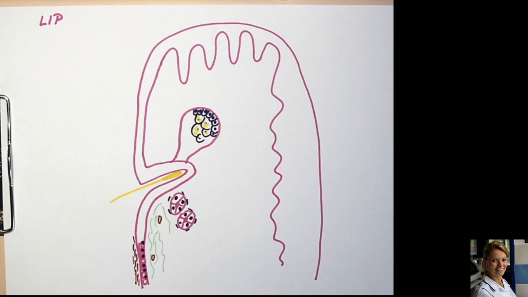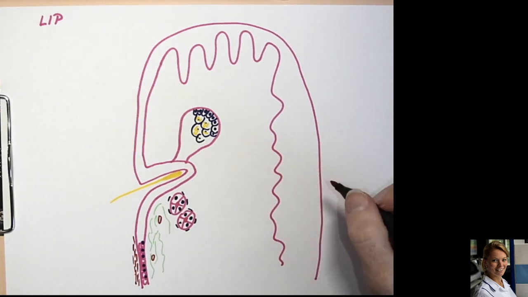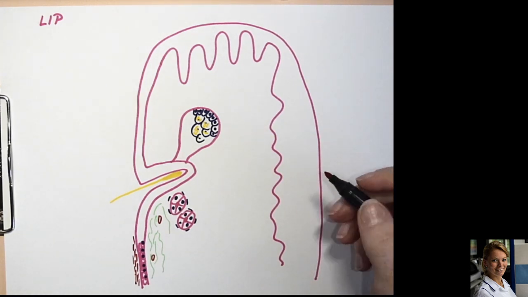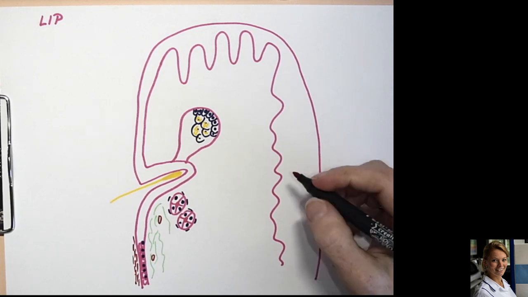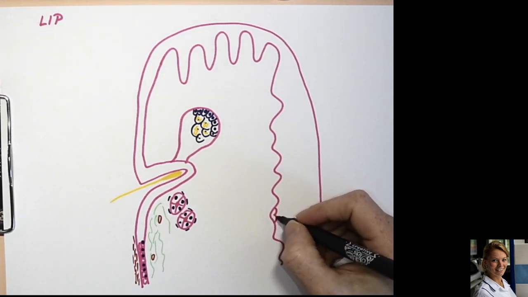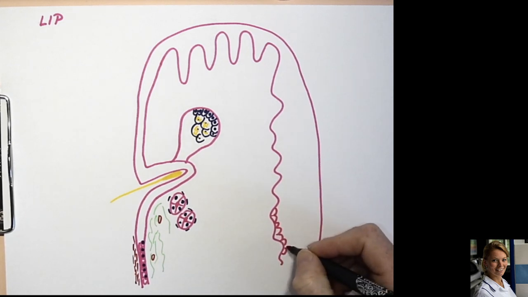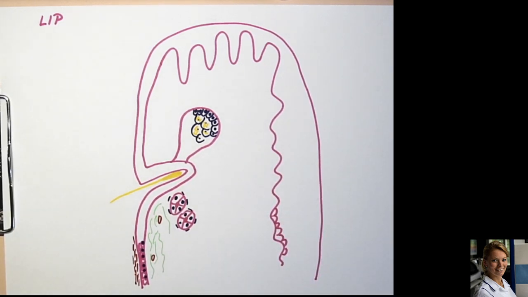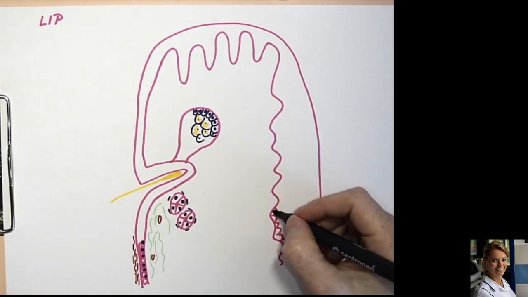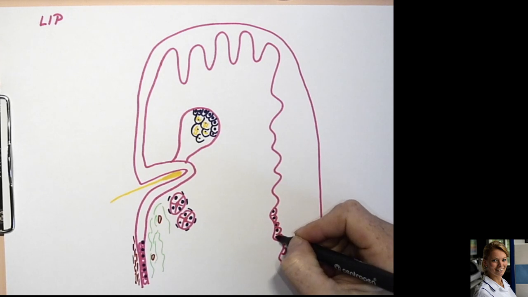You can also find stratified squamous epithelium here, but non-keratinized. So the basal cells which rest on the basal membrane are cuboidal and contain round nuclei.